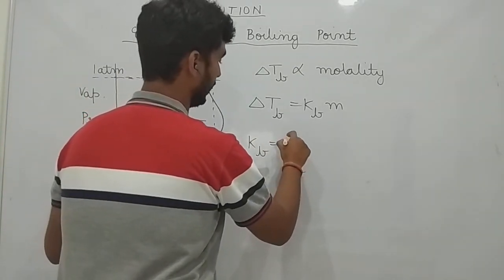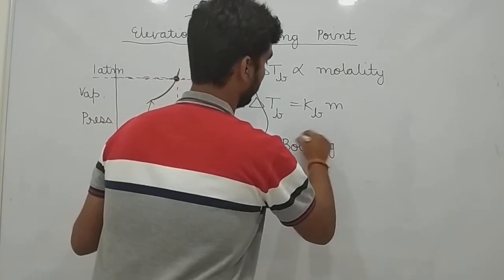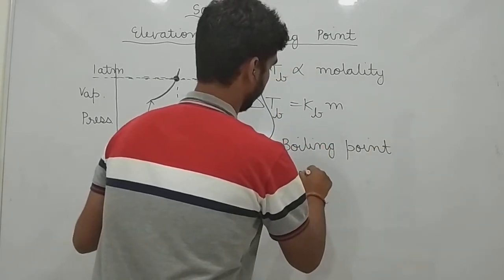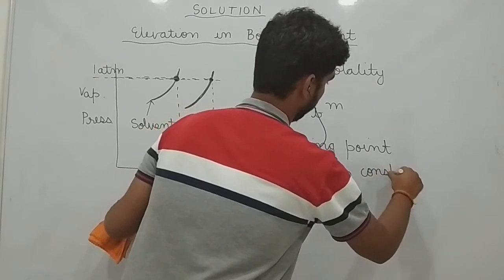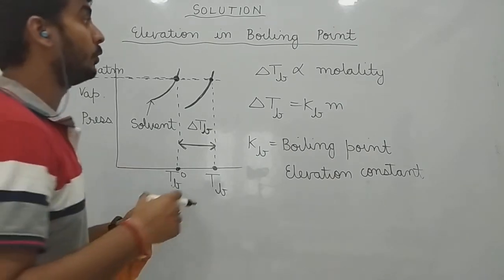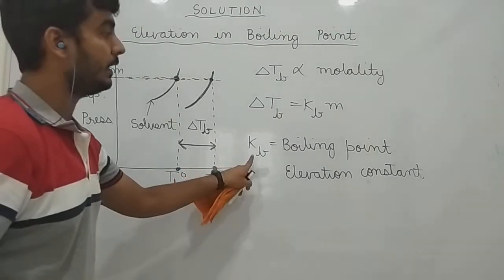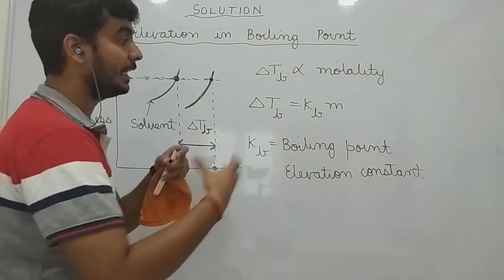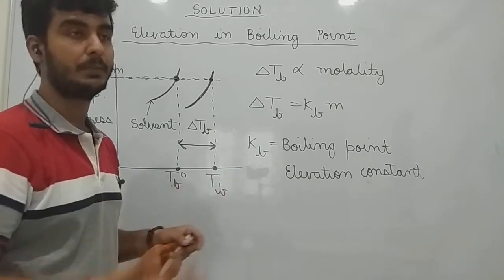Kb is a constant which is known as the boiling point elevation constant, or it is also known as the ebullioscopic constant. So this Kb can have different names, and you will find different names for this Kb in different books.